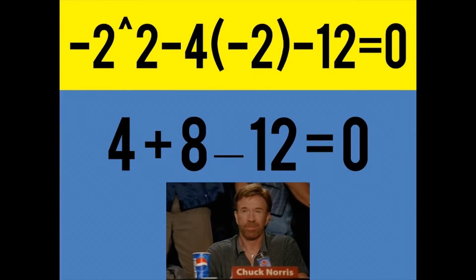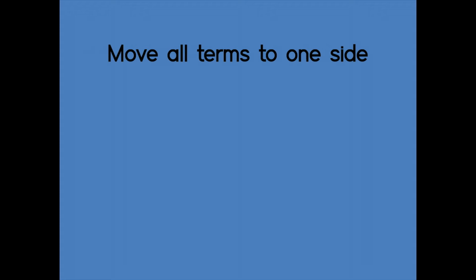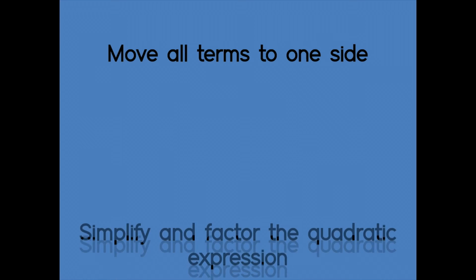Now let's have a quick review before we sign off. So in cases where the terms are not on one side, the first and foremost thing we should always do is to move all the terms to one side.